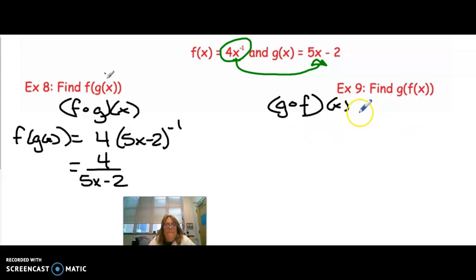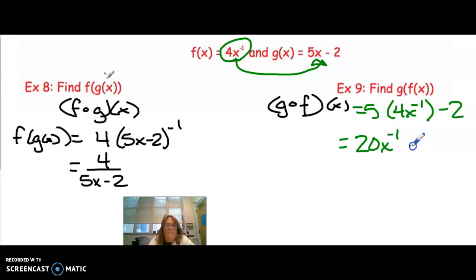So when I do that, that gives me 5 times 4x to the negative 1, minus 2. I'm going to multiply, that's 20x to the negative 1 minus 2.